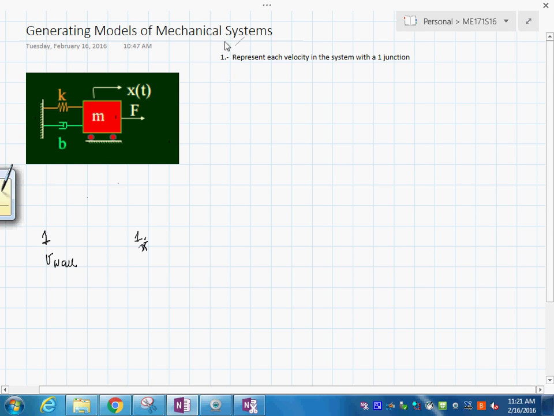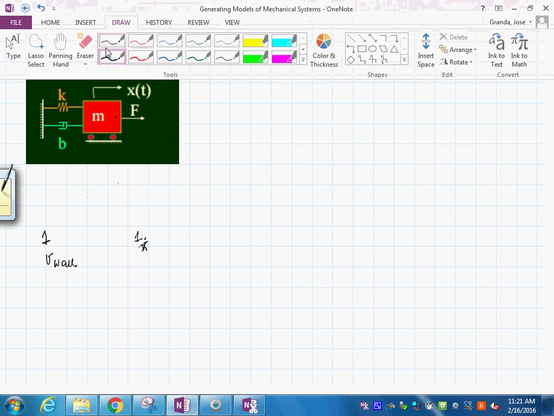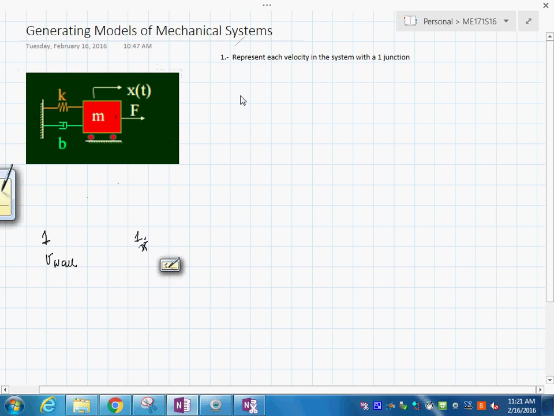So this in here, step number 2, use a one junction to represent each distinct velocity. Okay, very good. We have done just that.